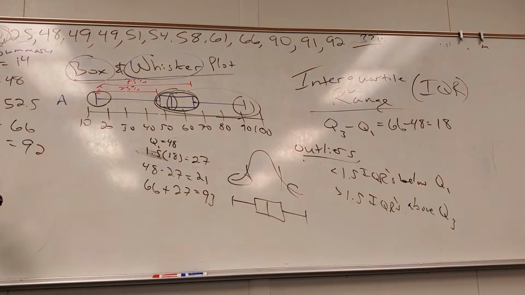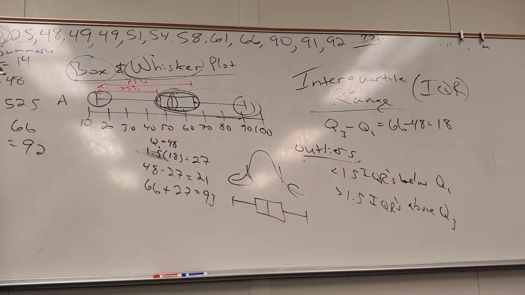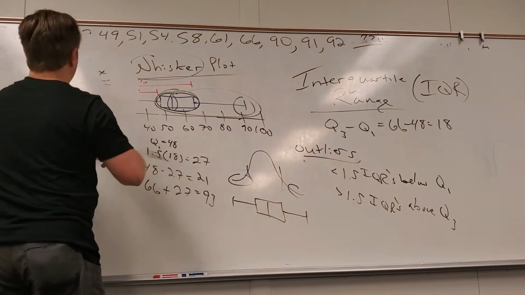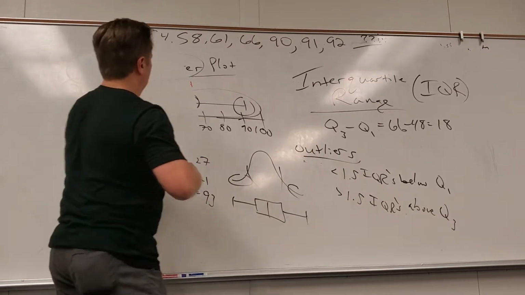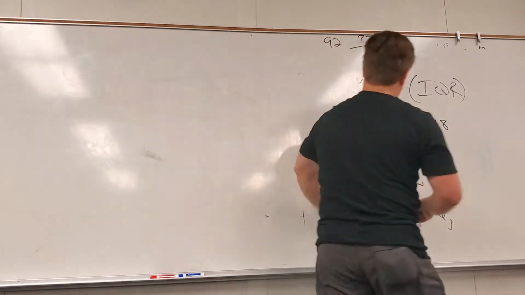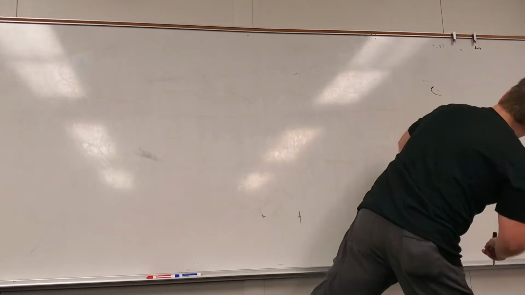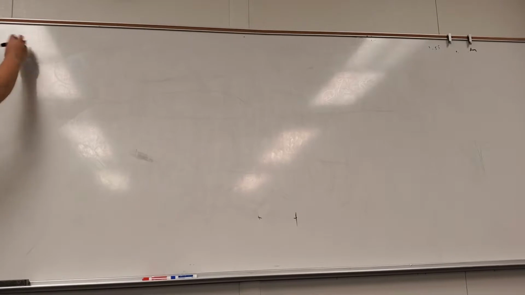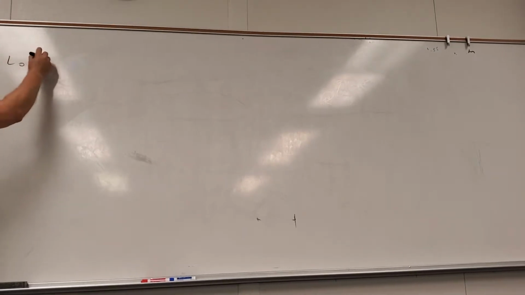Okay. So I want to go back. Let me do an example that shows what to do if you have repeats in your 5 number summary, because that's going to happen to you in the homework, if I remember correctly. I'm not even going to put the data down. Let's say we know this.